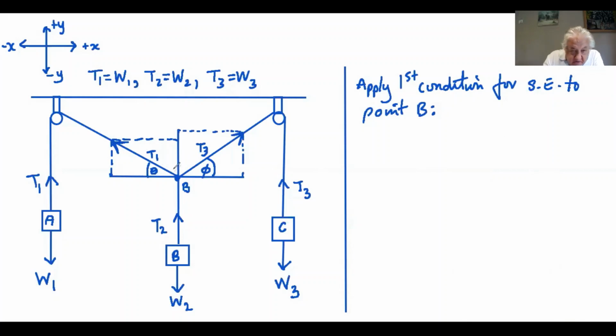So let me resolve T1. As always, make T1 the diagonal of a rectangle and the sides of the components. And always notice the tails join together and the arrows point away from the tails. I think I'm going to draw that in a different color. Let me draw that again in orange.